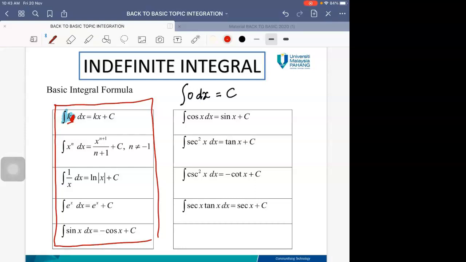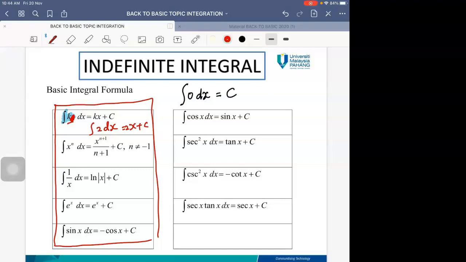If you integrate any constant, you should get kx plus C. For example, integrate 2 dx, you should get 2x plus C. It's a very basic integral, you cannot make a mistake.